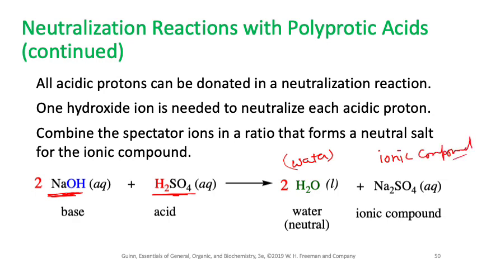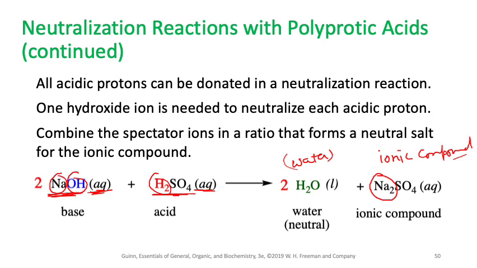All of these are present in the aqueous phase. So what's happening over here, you have one OH and 2 hydrogens, but on the product side you have 2 sodium, and on the reactant side you have 1 sodium. So you have to balance the sodium atoms.